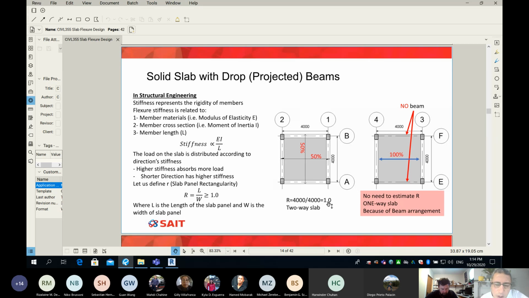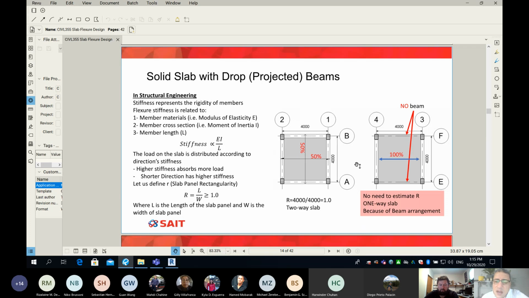It cannot be less than 1. Now for this example, we have 4 and 4, so my R is equal to 1. So what happens here, the two directions of the slab contribute and carry the load. They will share 50-50, because they are equally stiff and equally strong.